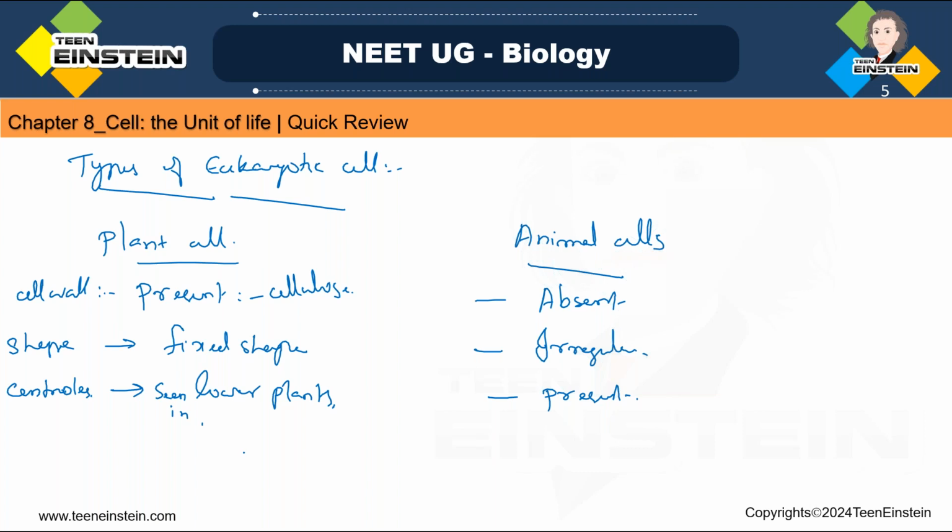Then what about vacuole? In animal cell, if it is present, it will be very small. Smaller vacuoles you can see.